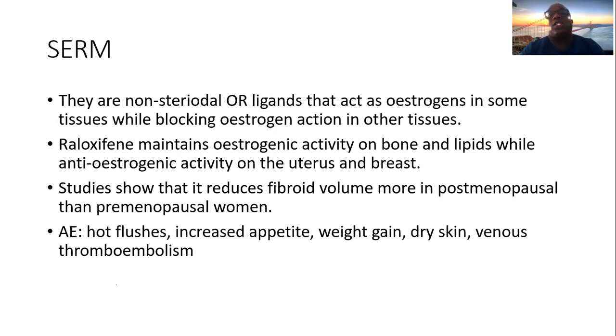This maintains estrogenic activity on the bone, while in the uterus it is anti-estrogenic. So in the bone, this kind of medication won't lead to osteoporosis, but in the uterus, it will inhibit growth of the fibroids. And they are also known to cause a reduction in the fibroid volume.